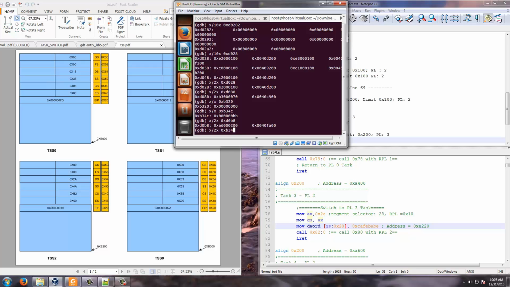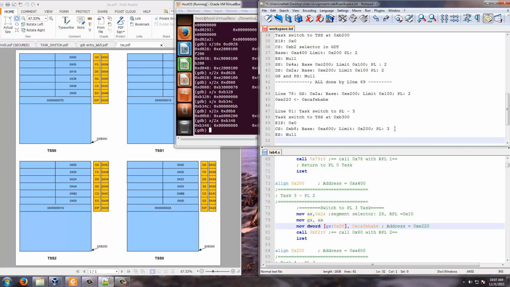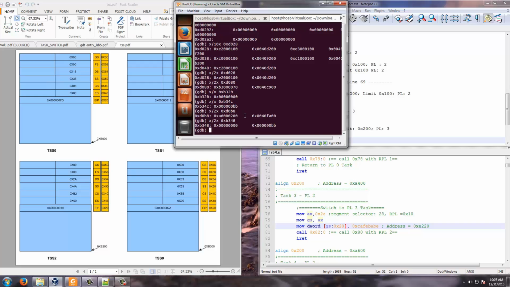Now let us go and see what is there in B348. That's a null descriptor. So your ES is null. Now where is the stack? x/x B350.